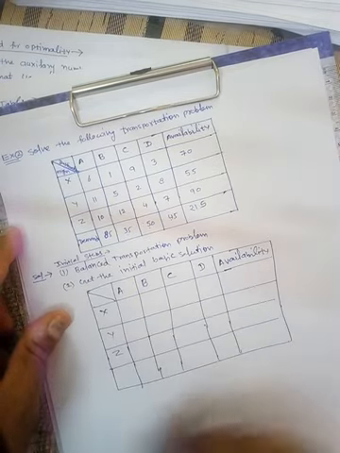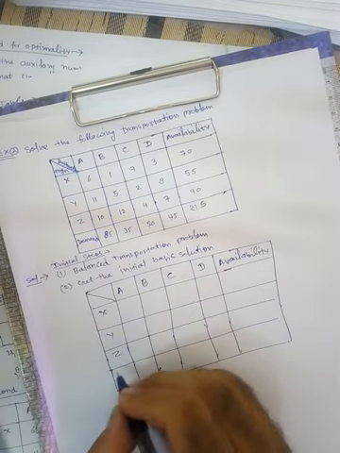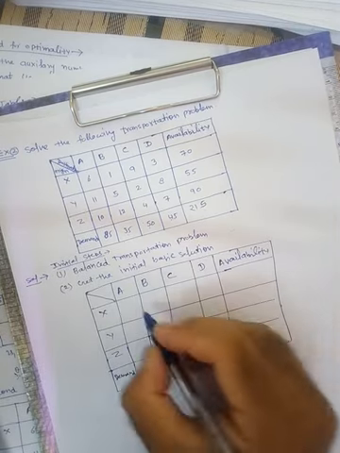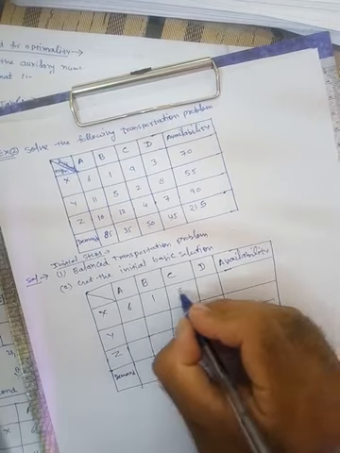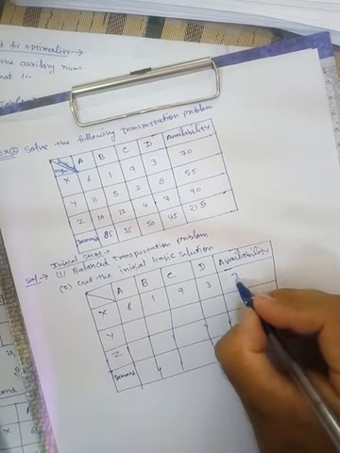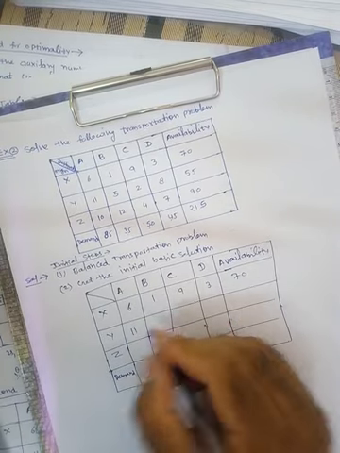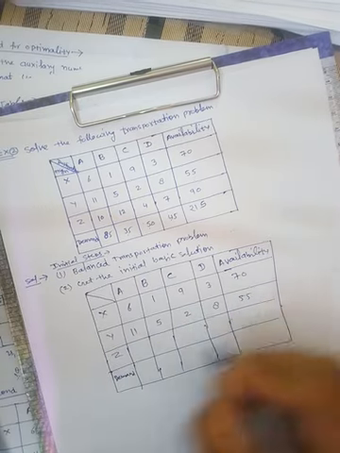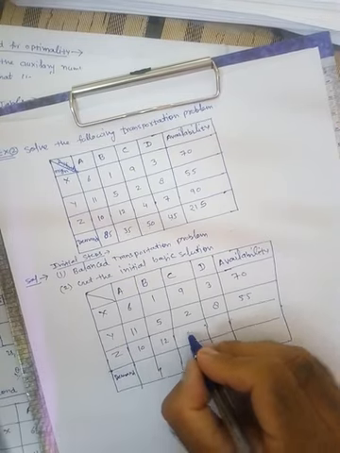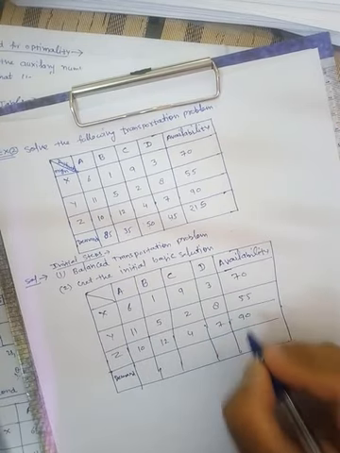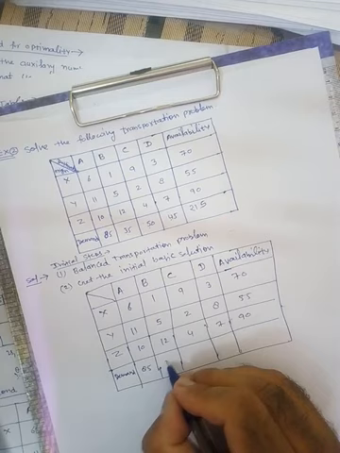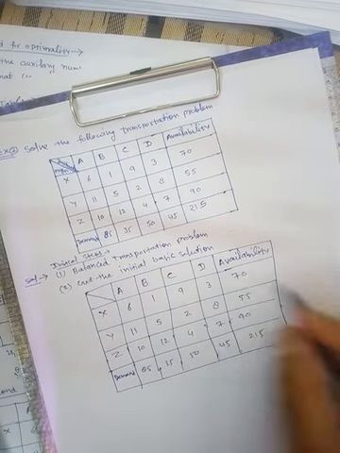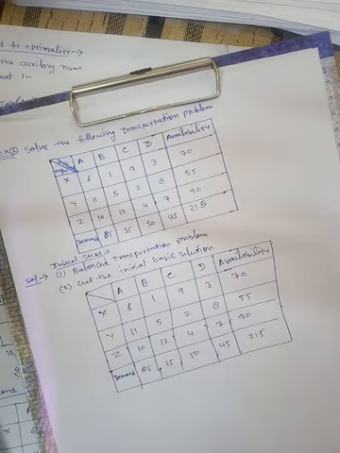So we have to reconstruct the table again and write down the total demand and availability. Here it is 6, 1, 9, 3, 70; 11, 5, 2, 8, 55; then 10, 12, 4, 7, 90. Here is 85, 35, 50, 45 and 215. So we have again reconstructed the table.